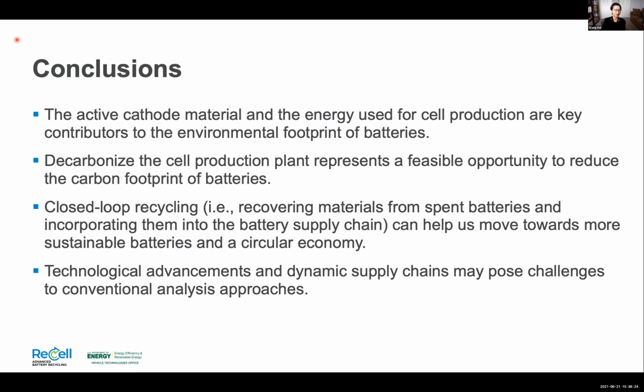We're very happy to see that. Or we can try to recycle batteries and reuse the materials for new battery production, which can help us reduce the greenhouse gas emissions from battery production, help us secure material supply, and work towards a circular economy.